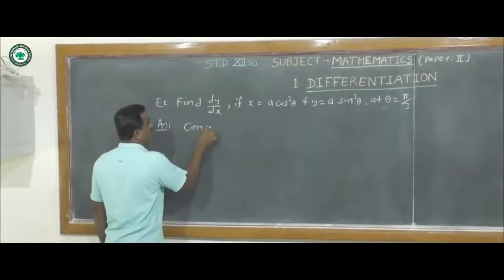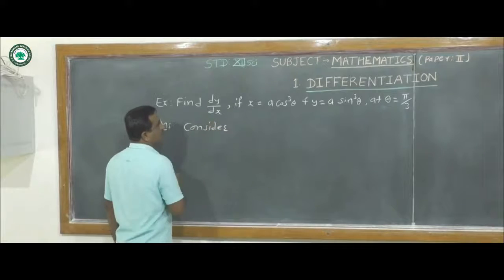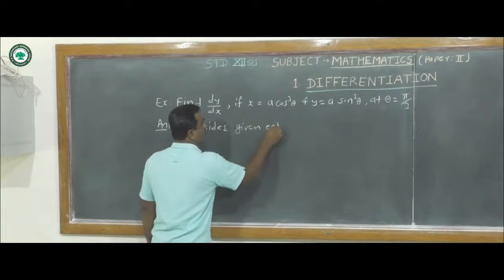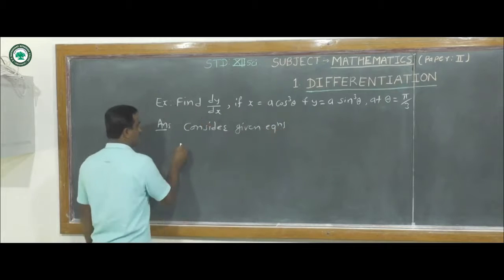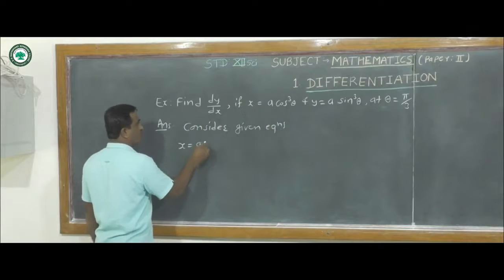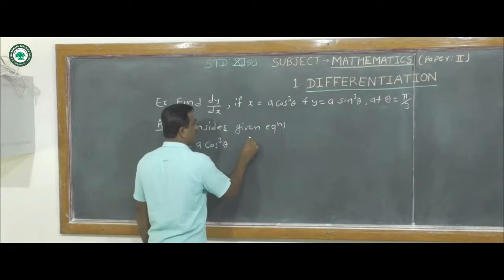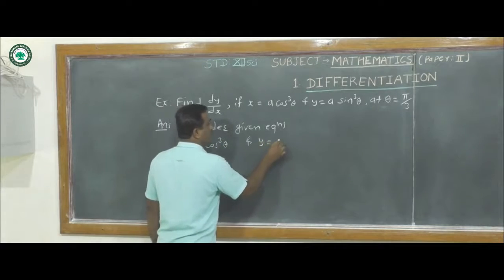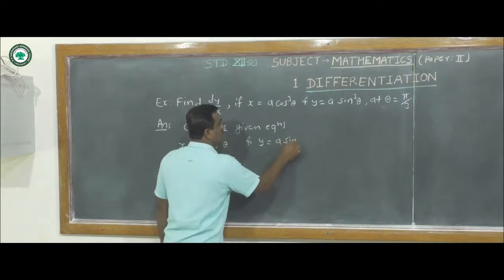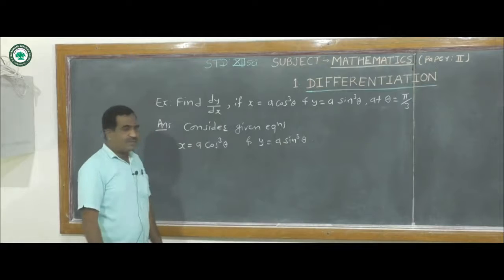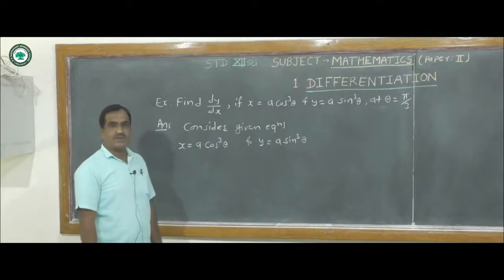Consider the given equations, that is x is equal to a into cos cube theta and y is equal to a into sin cube theta. Now differentiate these two equations with respect to theta.